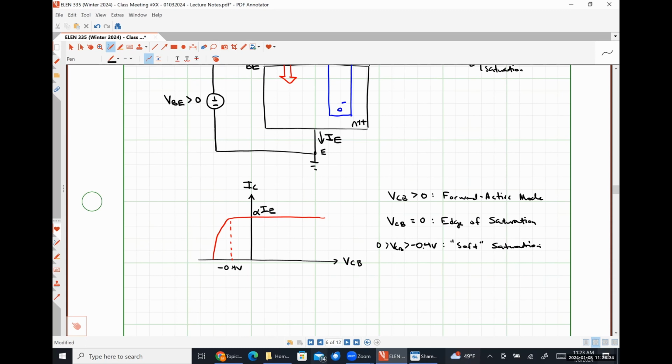And then when VCB is just less than negative 0.4 volts, we'll call this deep saturation.